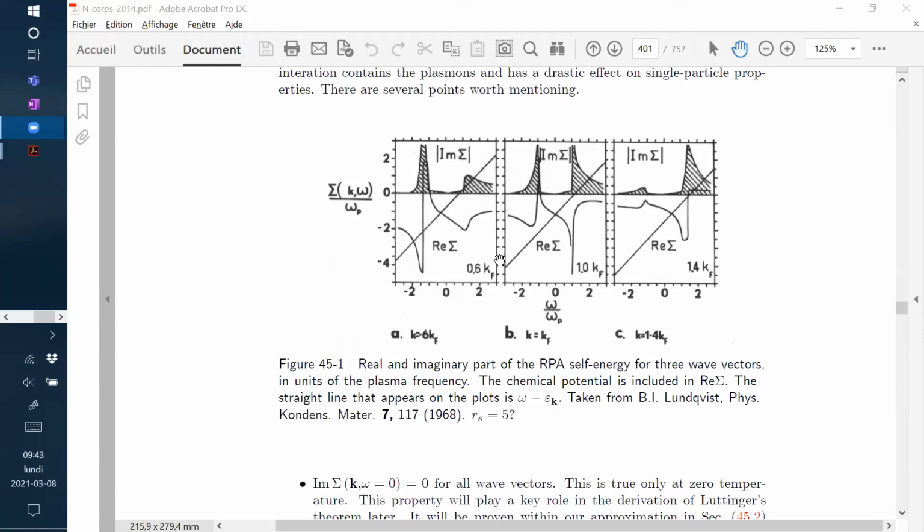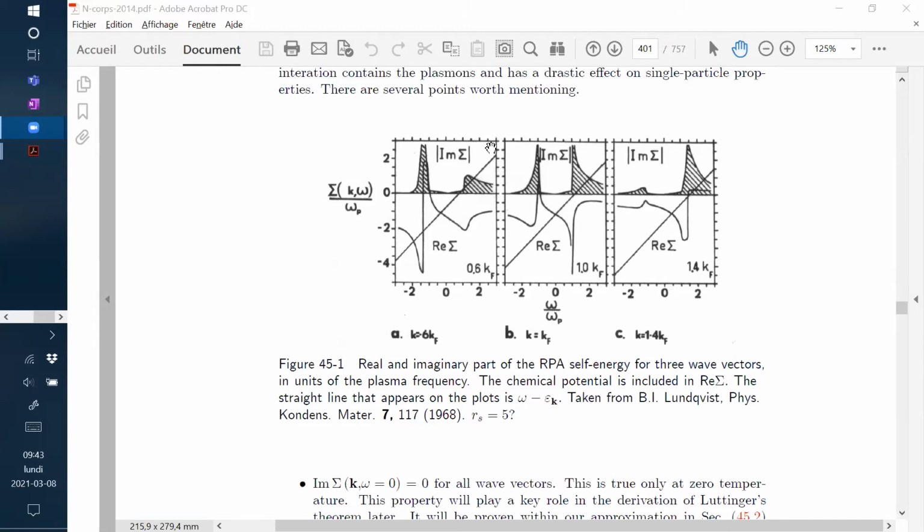The other thing we notice is that this picture here is at the Fermi wave vector. This is below the Fermi surface, and this is above the Fermi surface. So what we notice is that whether we are below, above, or anywhere on the Fermi surface, that's zero temperature calculations, at zero frequency, the imaginary part of sigma vanishes. That's something that's characteristic of Fermi liquids.